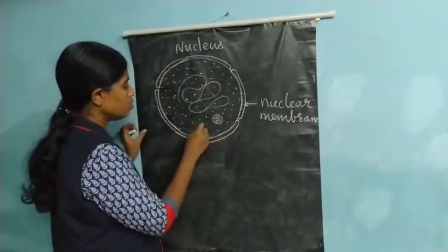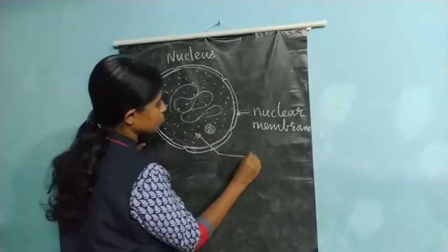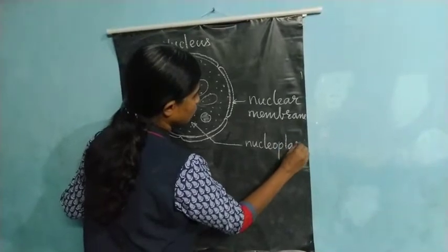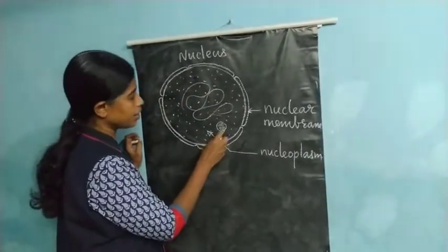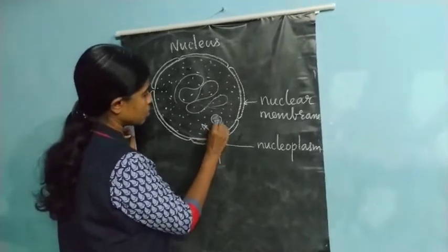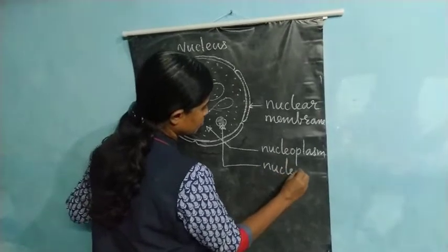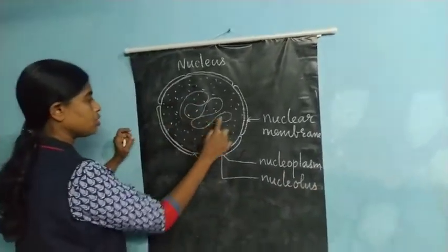Inside which you will find the fluid part called nucleoplasm. And you will find inside a spherical structure again. This is called nucleolus. Then you can find a coiled structure.